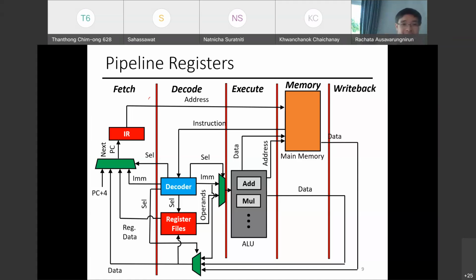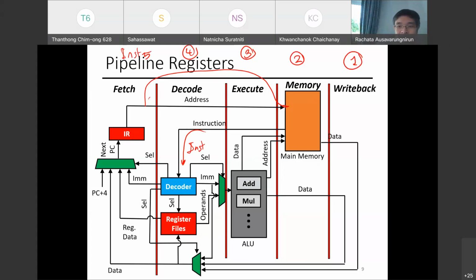So over here, the fetch unit actually goes directly to the memory so that we can get the instruction. But it's going to hold the instruction so that the decode instruction comes here, right? So let's say this is instruction 5, instruction 4, instruction 3, instruction 2, instruction 1.